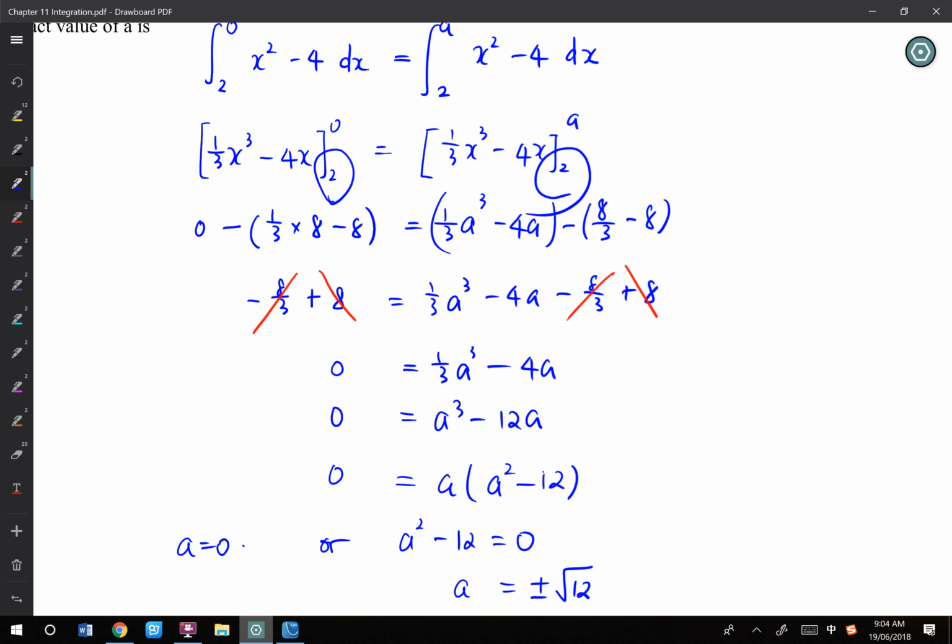So basically I have capital F(0) equals capital F(A), and then you just do the calculations. It should give you root 12. But I would suggest you use the calculator. If it's multiple choice, using the calculator is more convenient and quicker.